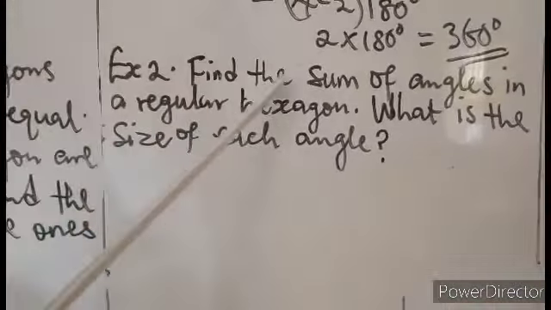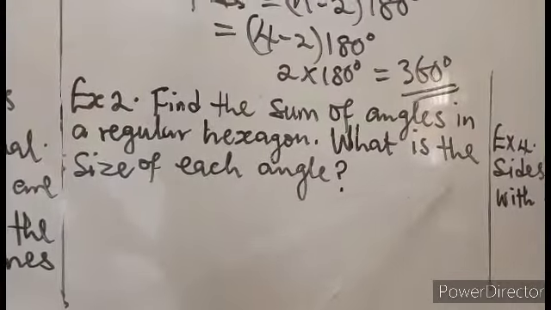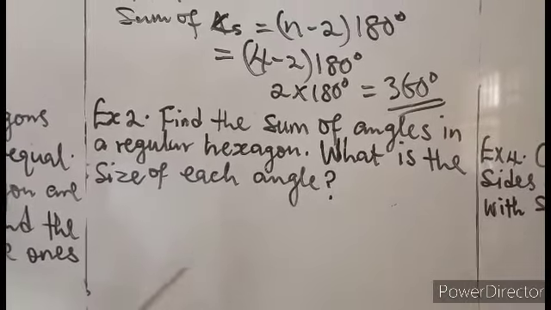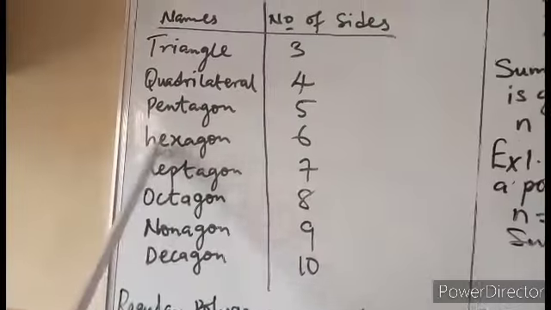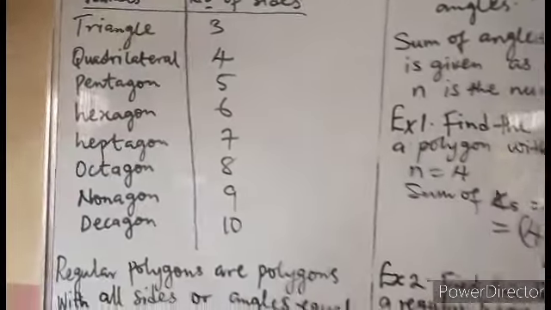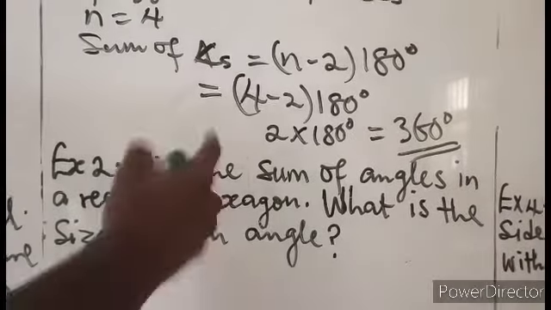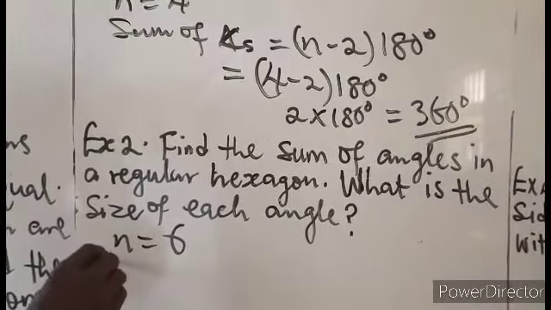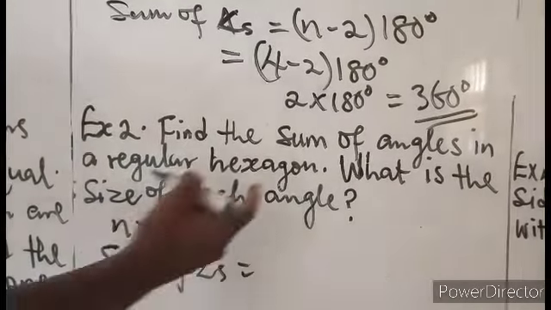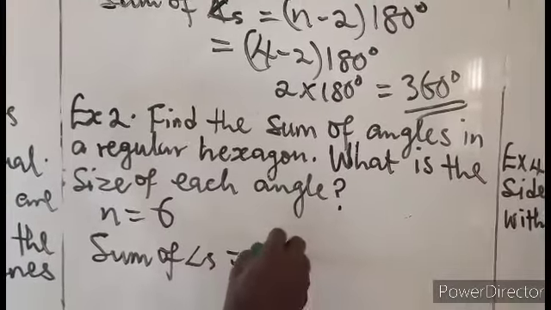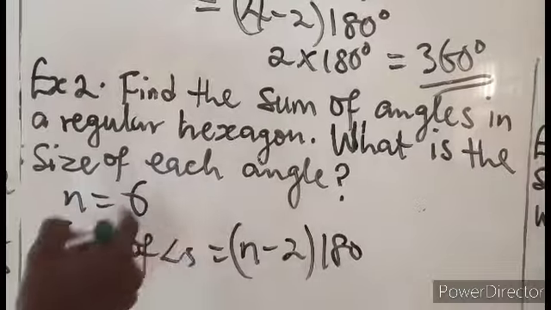Let's look at example 2. Example 2 says, find the sum of the angles in a regular hexagon. What is the size of each angle? What is a hexagon? How many sides has a hexagon? Look at this. Hexagon has how many sides? 6 sides. So n is equal to what? 6. So the sum of the angles in a regular hexagon is equal to (n minus 2) times 180. n is what? 6.